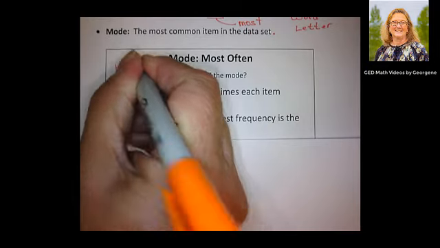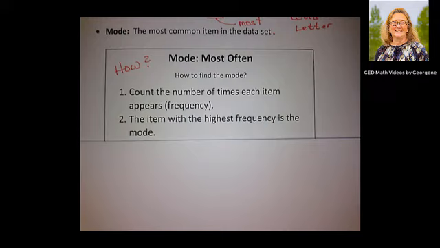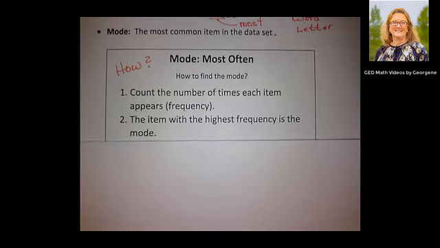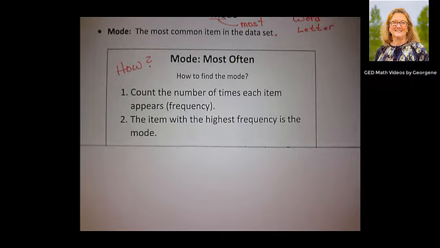If you have already arranged your items from smallest to greatest, or kind of organized that, it's going to be easier. But sometimes you can simply look at it and determine what that mode is.